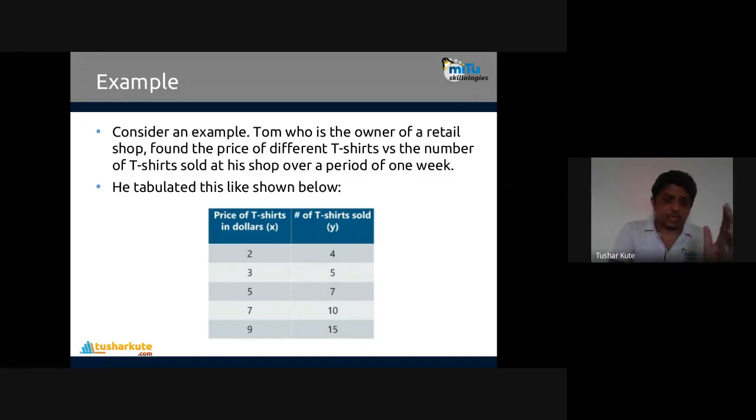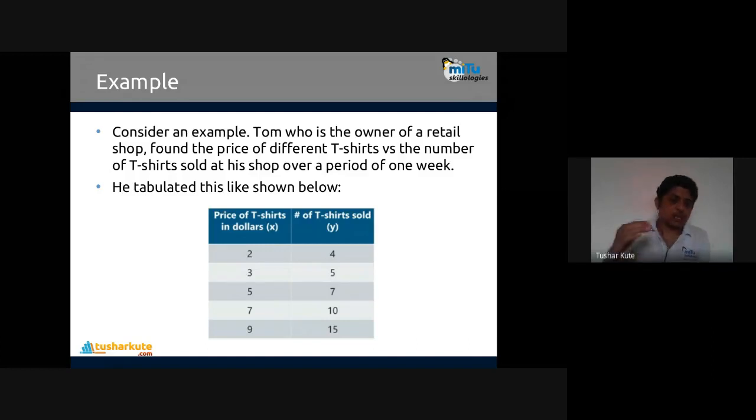The total number of t-shirts sold is your output variable: 4, 5, 7, 10, 15. So we can identify the input and outcome variables. The input variable is your x, the price of a t-shirt in dollars, and the number of t-shirts sold is your y variable. So input and output are mentioned here.